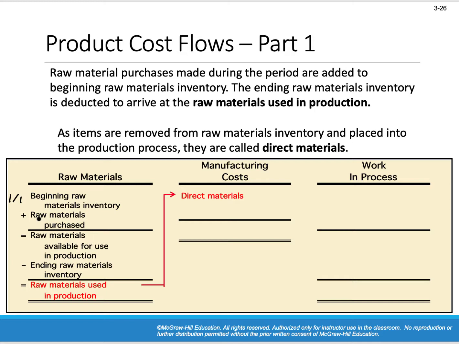As we purchase these raw materials, we add that to the beginning balance. These raw materials purchased happened throughout the entire month of January, okay? When we add that to the beginning raw materials inventory, we have raw materials that are available to use in production, okay?